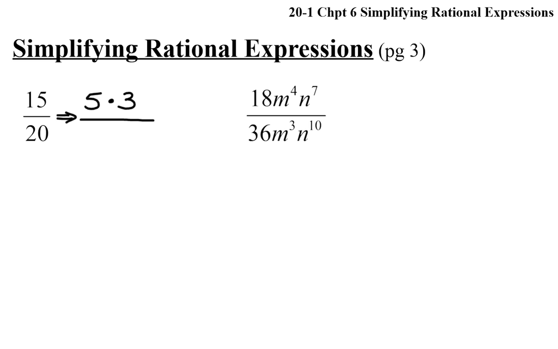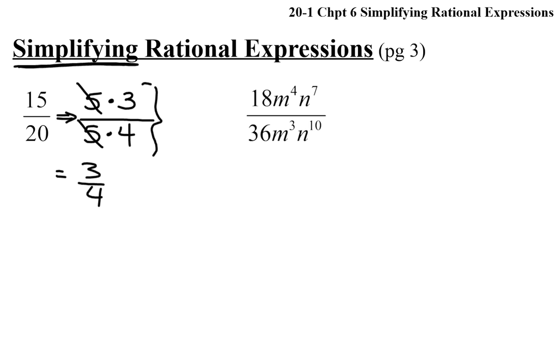My 20, I could split up and create 5 times 4. This new rational has the same value but looks different. But when it comes to simplifying, the reason we simplify is because there's a factor, a number that will multiply with both of them that's common. So we can get rid of it. And then we're left with 3 over 4.